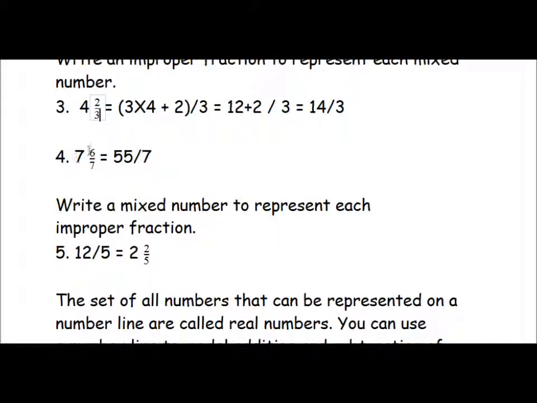Similarly for 7 6 by 7. In this case again, 7 sevens are 49, 49 plus 6 is 55, so 55 by 7.